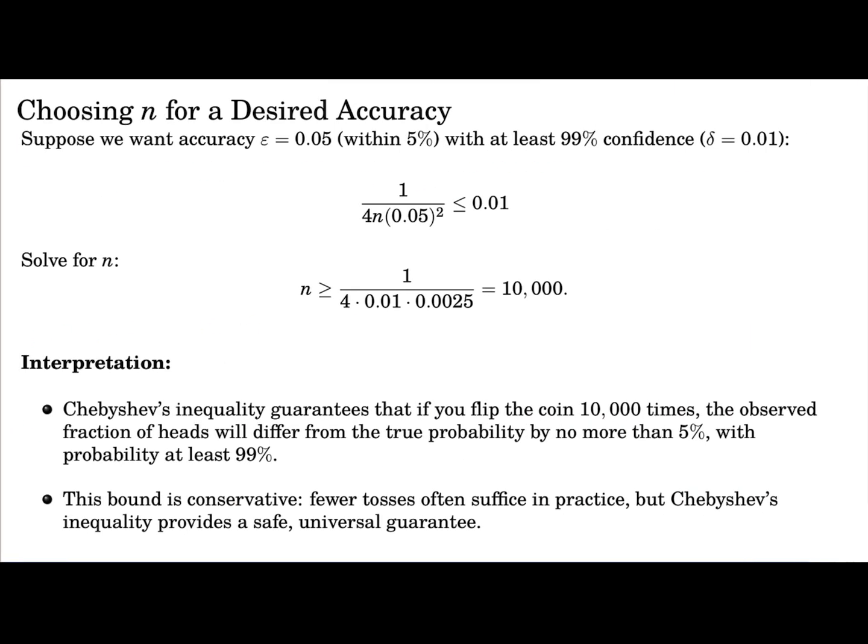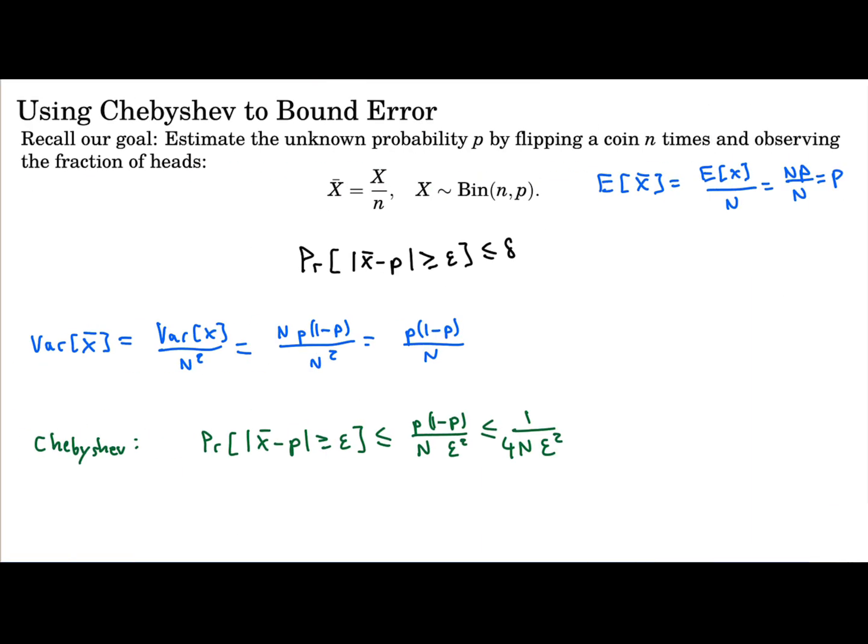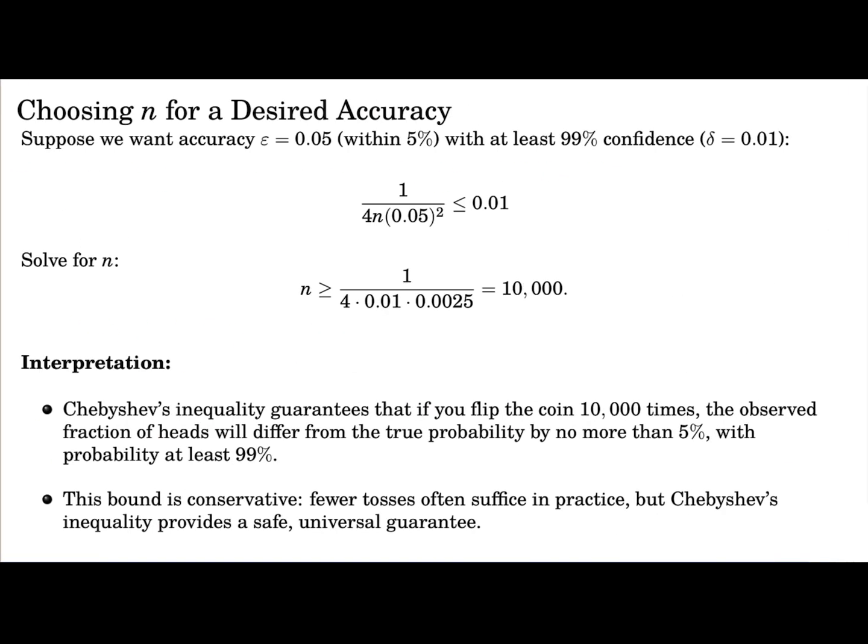So let's use this to choose n for a specific guarantee. Suppose that we want an accuracy of 5% with at least 99% confidence, or a delta equal to 0.01. So we want 1 over 4n epsilon squared, with our epsilon being 0.05, to be less than delta, to be less than 0.01.